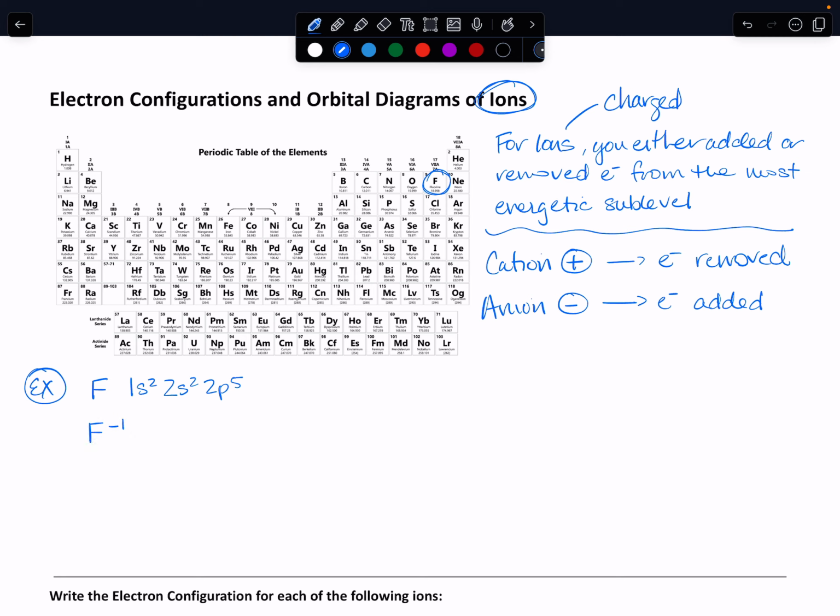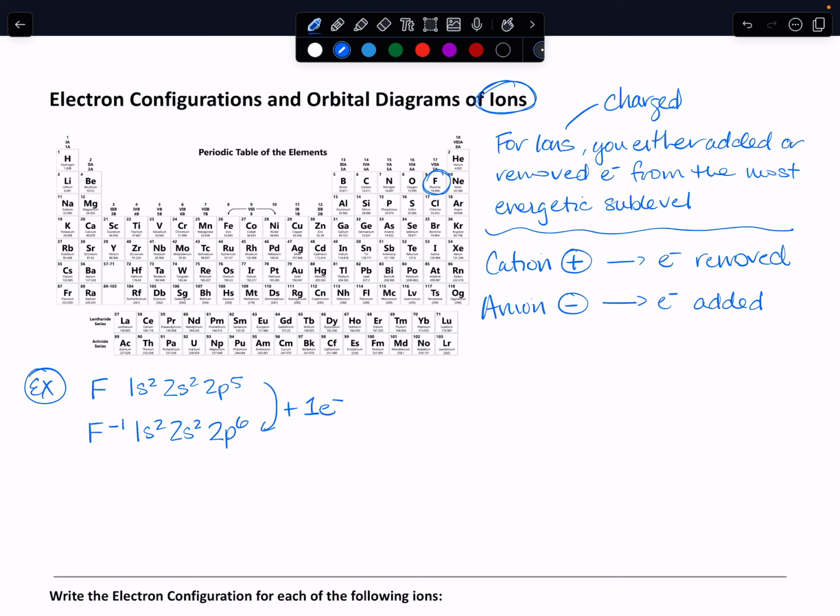We start with the same core, and when we get to this 2p sublevel, instead of having 5 electrons, it's gained 1 electron because of that -1 charge, so that 5 becomes a 6. So it's 1s2, 2s2, 2p6.